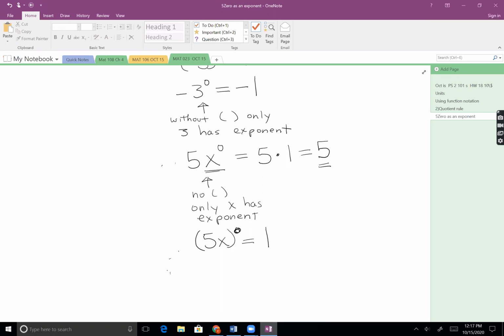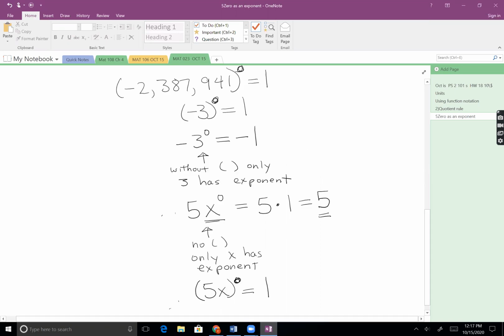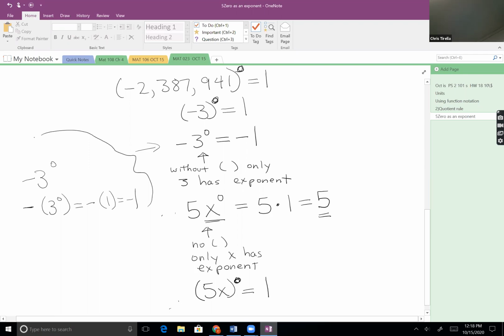How does negative 3 to the 0 equal negative 1? Can you just tell me that? Okay, I know here it's pretty easy. If I have negative 3 to the 0 power, because there's no parentheses, by order of operations, the first thing I do is the exponents. So I'm going to think of that as the negative of 3 to the 0, which gives me the negative of 1, which is negative 1.